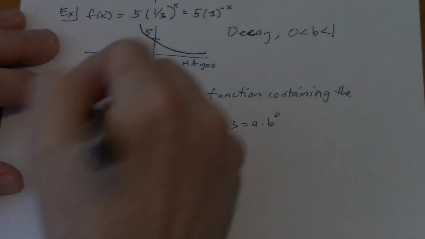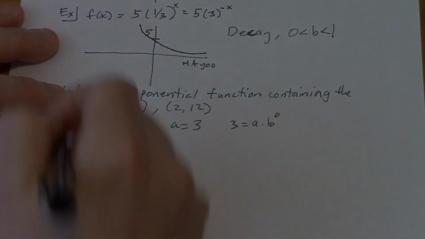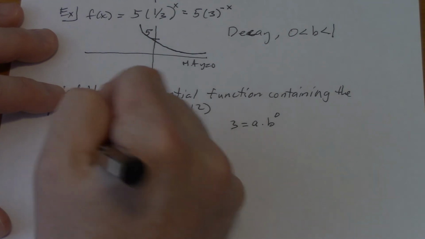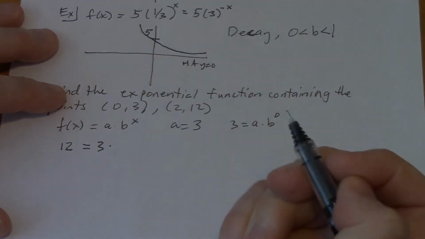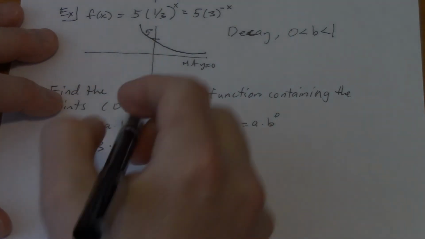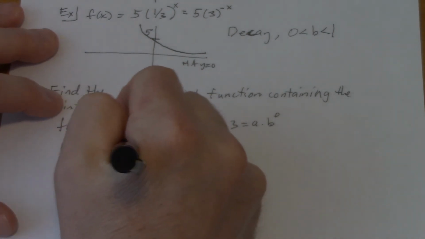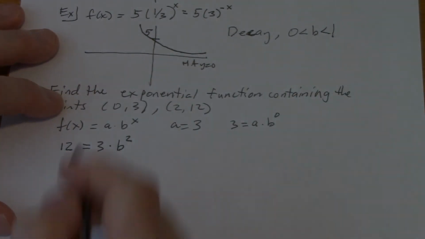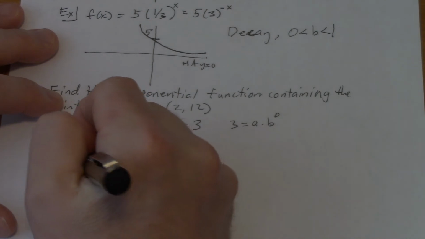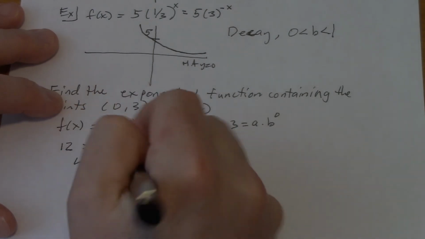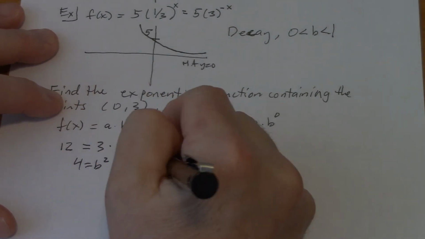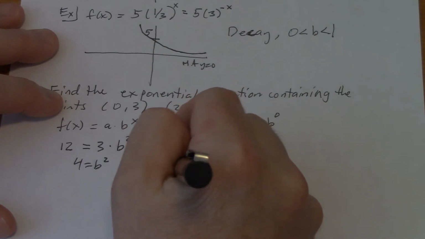Okay? So what else can we do? 12 is what we get when we substitute 2 in for x, and we already know a is 3. So that gives us a lovely little equation. We can divide by 3. We get 4 equals b squared, which would mean b is plus or minus 2.